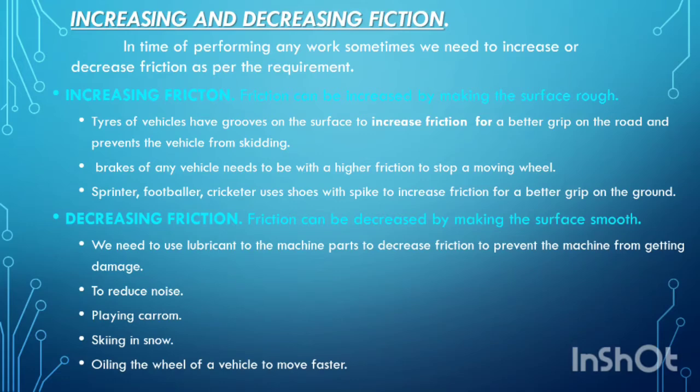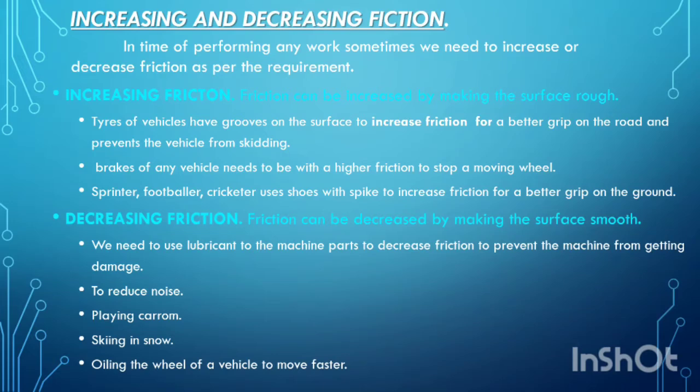We use lubricants to reduce friction and to keep the machines safe. Now to reduce noise, remember the creaking noise of the old doors? If you put a drop or two of oil on the hinges, that noise will be reduced.